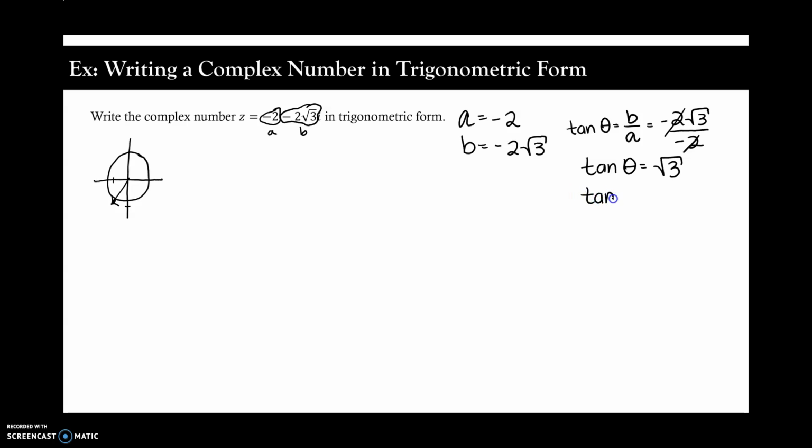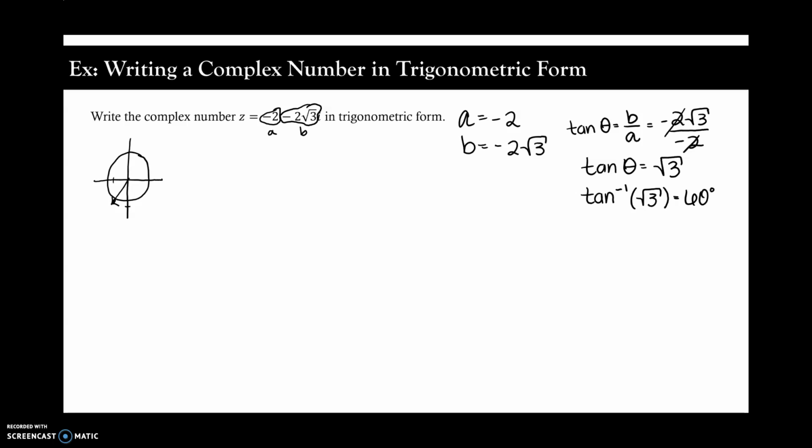So in your calculator, you'll do second tangent, which brings up the tangent inverse function. Type in square root of 3. Make sure you have it in degrees. Usually that's easiest for people to deal with. So 60 degrees. If you prefer radians, go right ahead. But degrees would be ideal. So theta is 60 degrees.